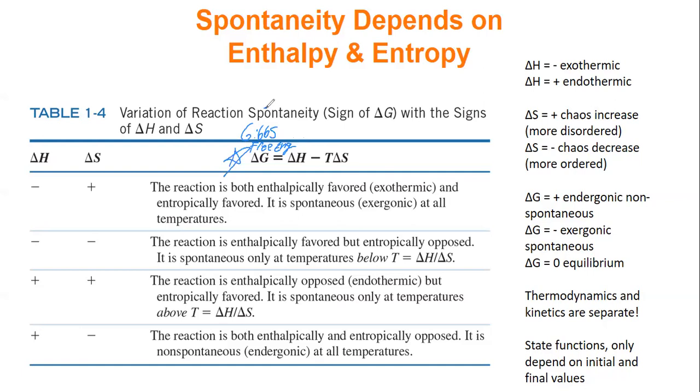So spontaneous means will happen, right? If delta G is negative, a process will happen. If delta G is positive, a process won't happen. If delta G is 0, you're in perfect equilibrium. All right. Delta G is made out of 2 parts, H and S.